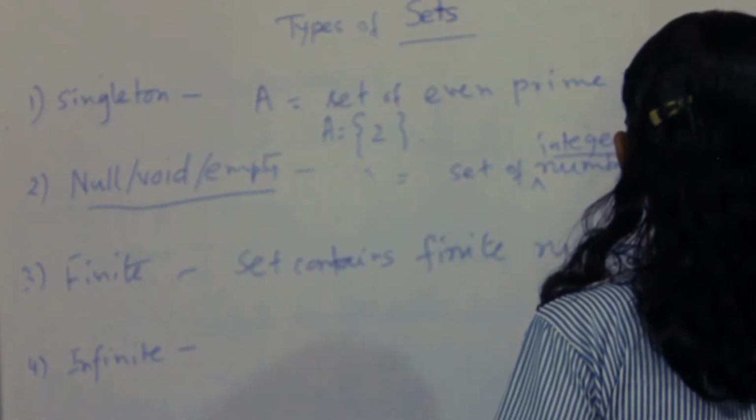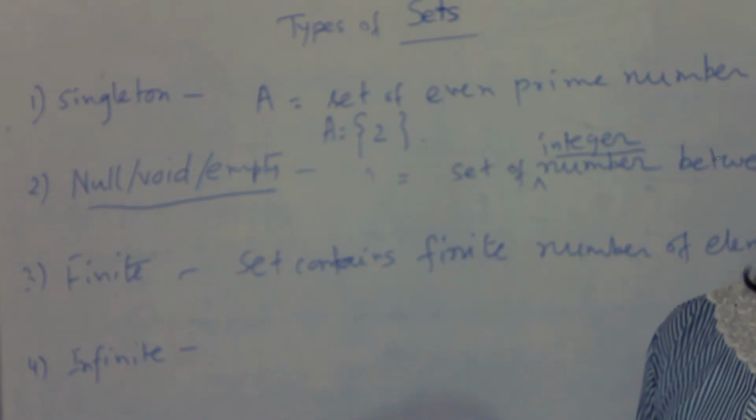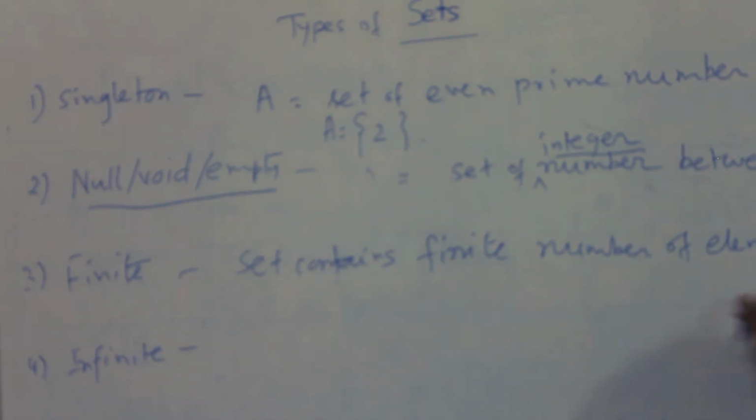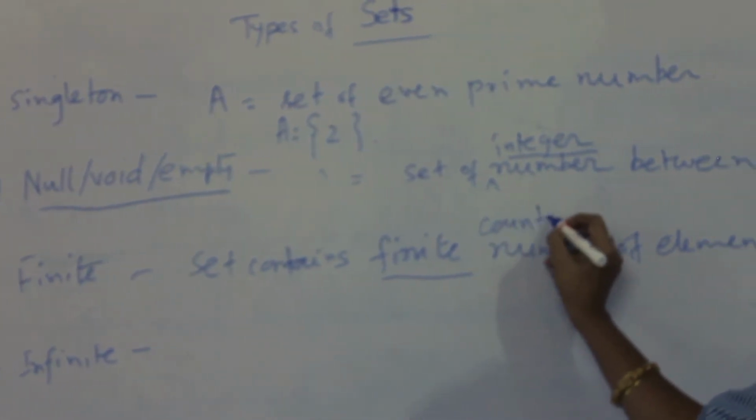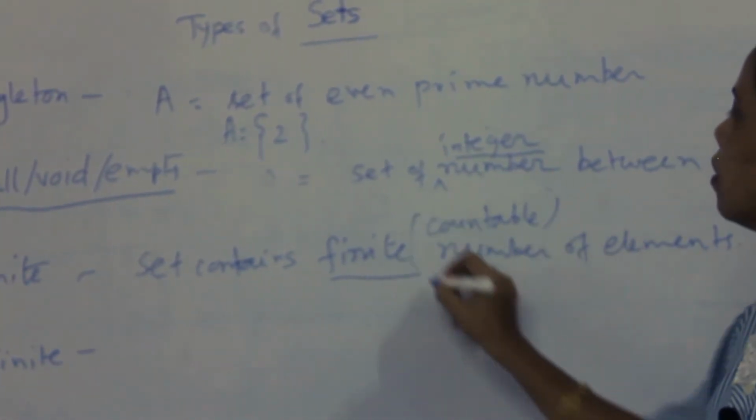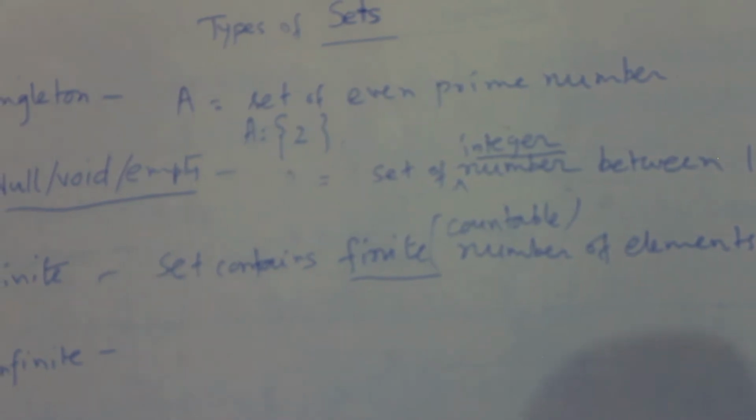That means the number will be countable. Finite means countable. That set is called a finite set.